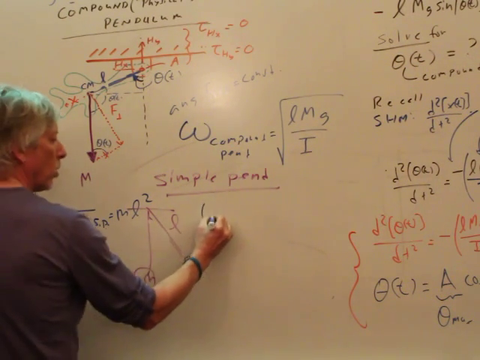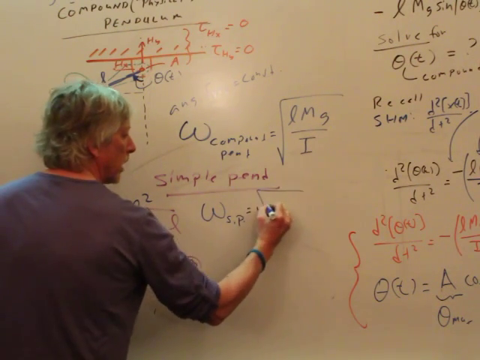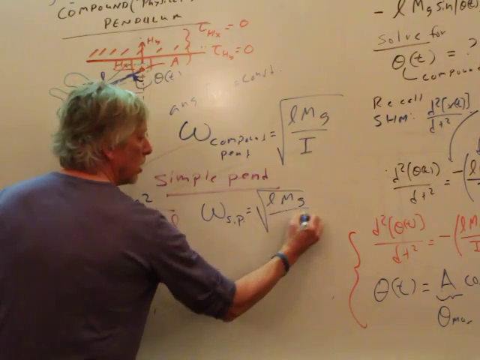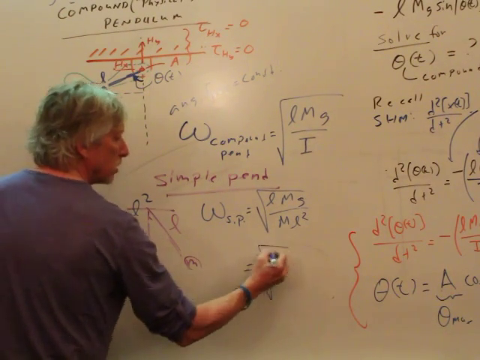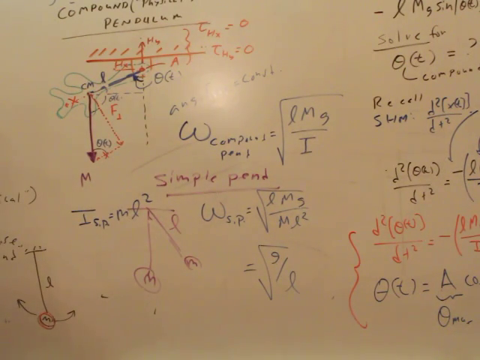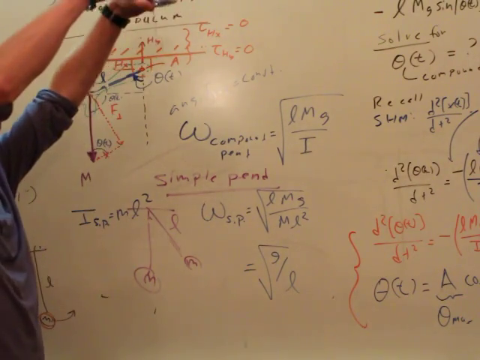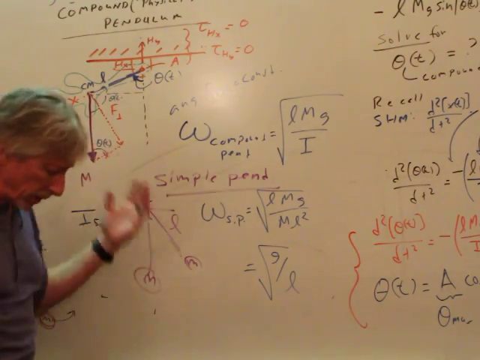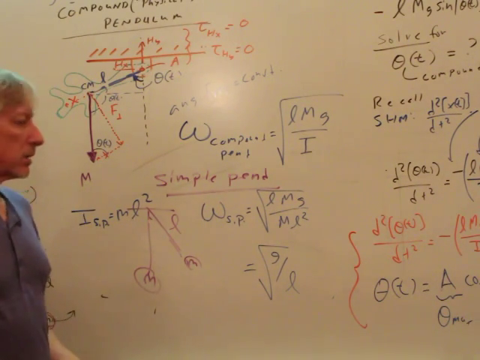And so I've got omega for a simple pendulum is root L m g over m L squared, which is root g over L. Which means the mass doesn't matter. But you know that because you've dropped things. And gravity is the player here. And so that makes sense.